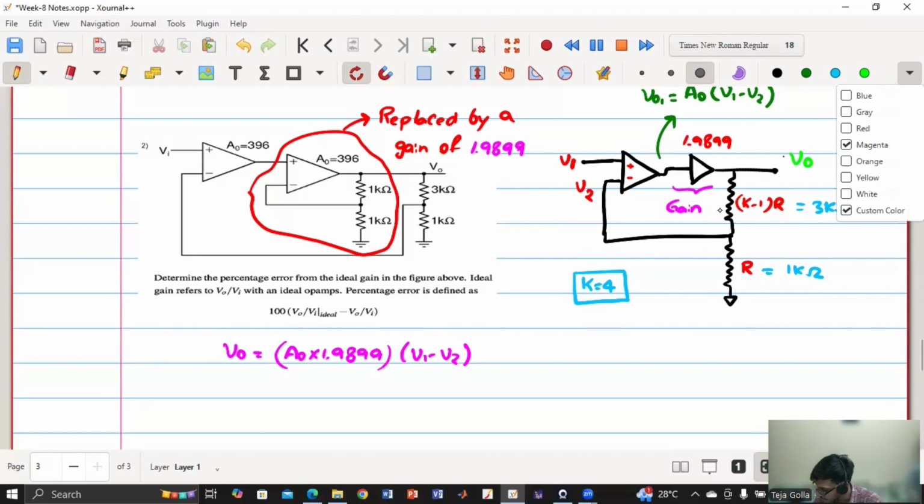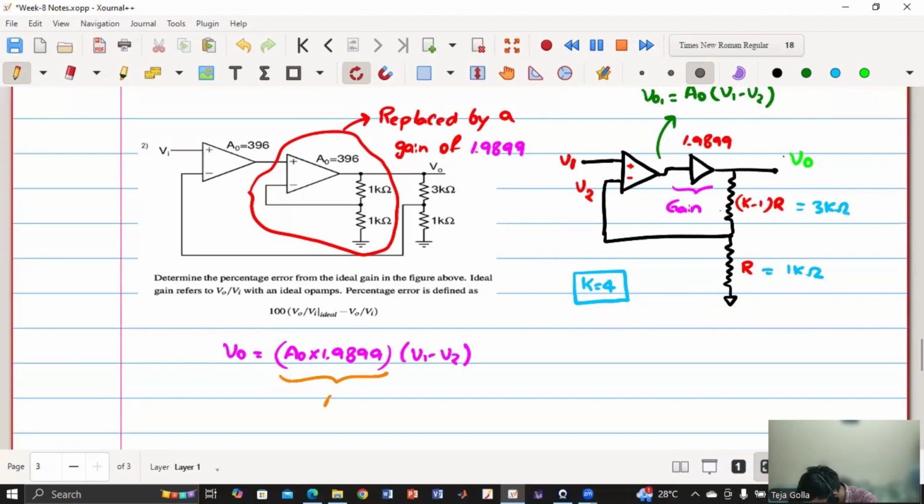So now I can write this as my new A naught dash, because my V naught is A naught dash into V1 minus V2, right? And my V2 is V naught by K, and K is 4, right? Because there is a gain in the inside.